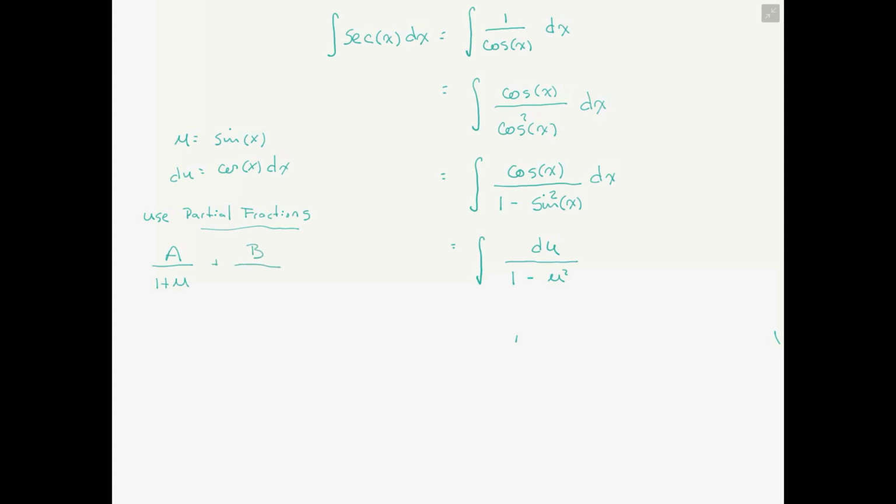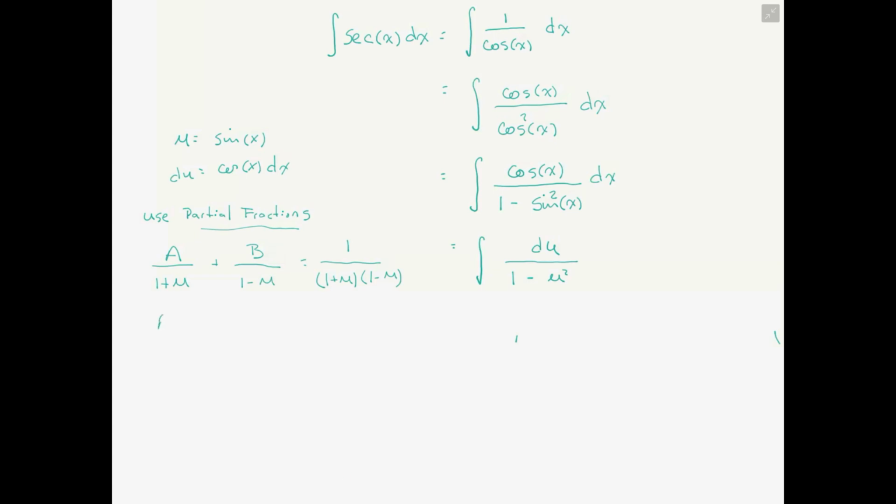And we're just going to say a over 1 plus u plus b over 1 minus u equals 1 over 1 minus u squared. And what we do then is solve for a and b.